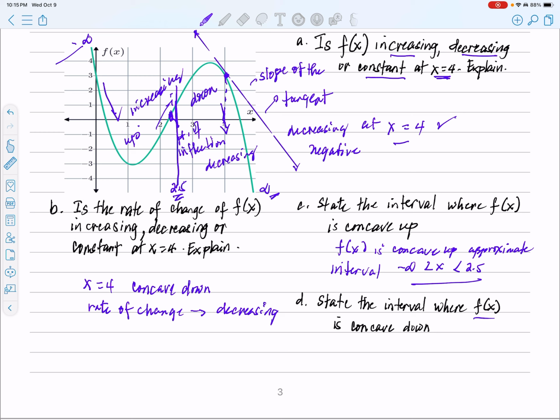I'll go back to letter C. So this is the negative infinity, and somewhere here is the location of 2.5. So this is concave up.